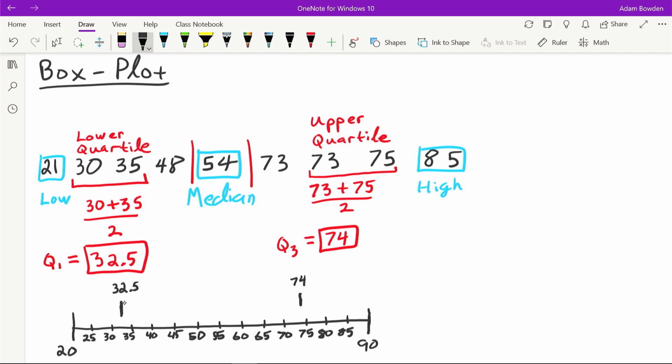So here from 32.5 to 74, I'll box that in. Those are the left and right sides of the box. In the middle of the box, I'm going to put a line where the median is located, 54. And then on each end of that box, I'm going to draw lines extending out to the high value and the low value.